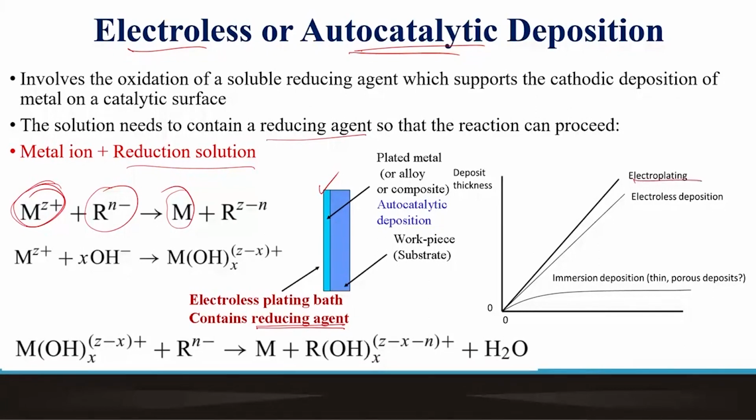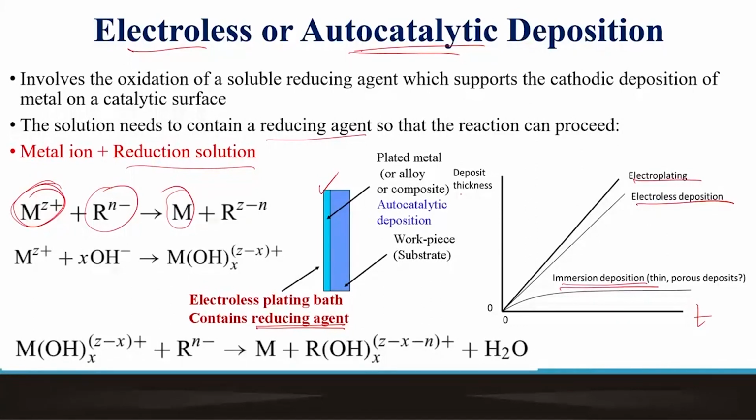If you compare electroplating, electroless deposition and immersion deposition, which is what we are going to discuss at the end, but we are not considering electrophoretic deposition here. As we can see, in immersion deposition, the rate is slowest and it tapers off. In electroless deposition, we can maintain a fair amount of linearity until a certain period of time.